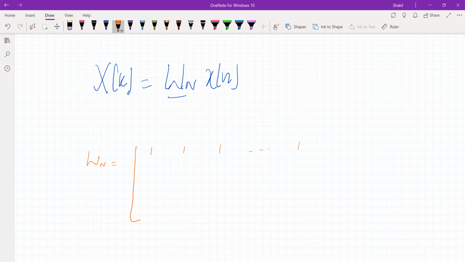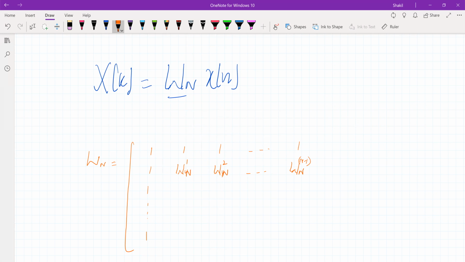So this will be N terms: 1, 1, and so on up to 1. The first column and first row will always be equal to 1. Then this will be W_N raised to the power 1, W_N raised to the power 2, and so on up to W_N raised to the power N minus 1. Remember that.